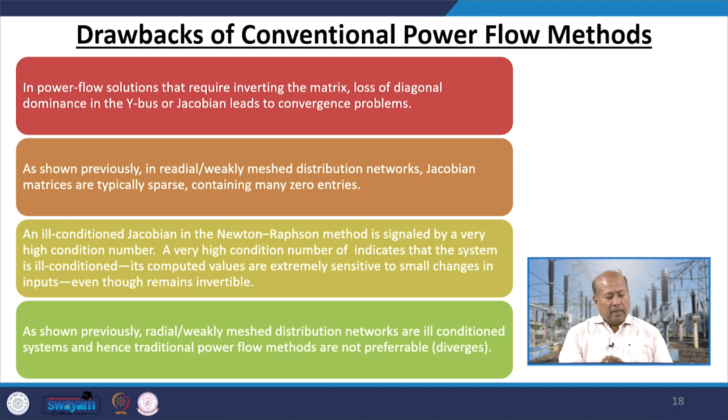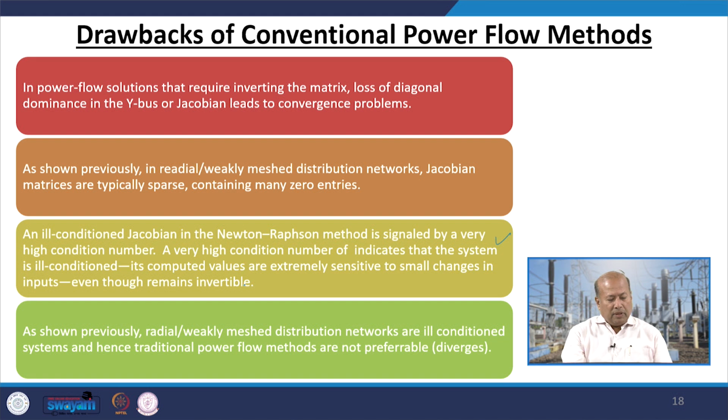As shown previously, in a radial or weakly meshed distribution network, Jacobian matrices are typically sparse, containing many zero elements. An ill-conditioned Jacobian in the network, or any system where we apply the Newton-Raphson method, is signaled by a very high condition number. A very high condition number indicates that the system is ill-conditioned.